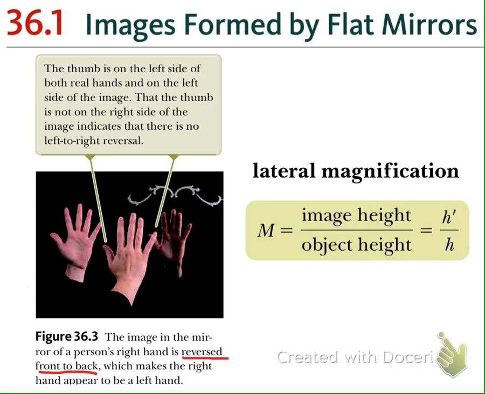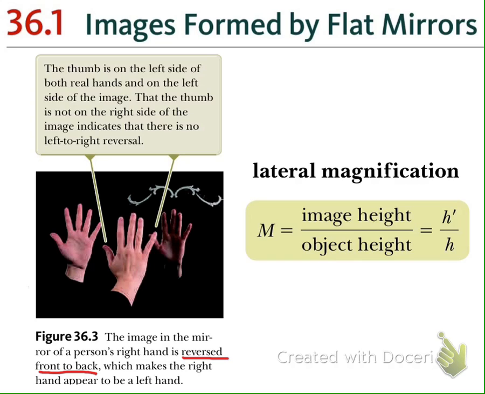Next thing that we have to know when we talk about the image from the mirror is what we call the lateral magnification. The lateral magnification tells us the size of the image relative to the size of the object. Normally, when we talk about the lateral magnification, we talk about the height of the image, the ratio of the height of the image to the height of the object.